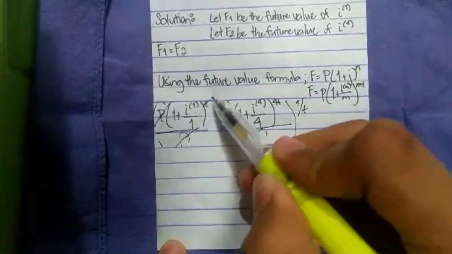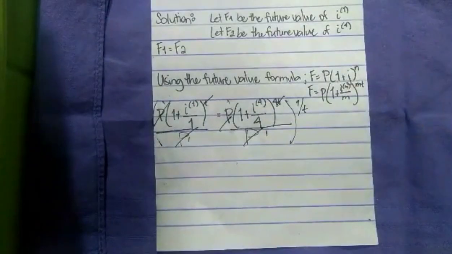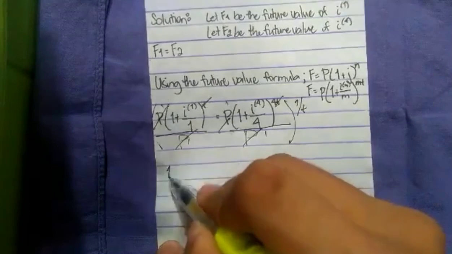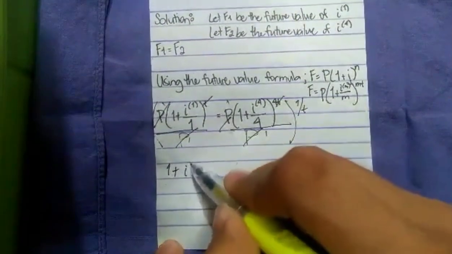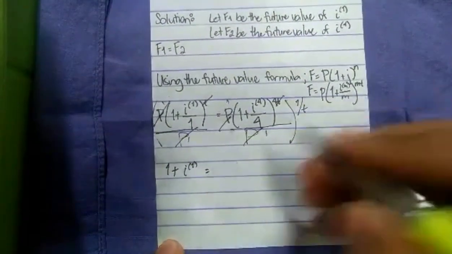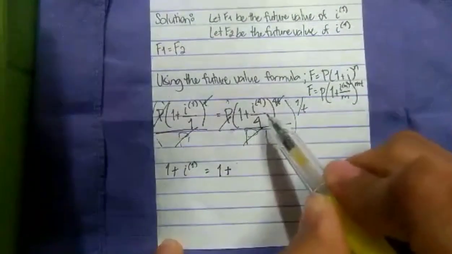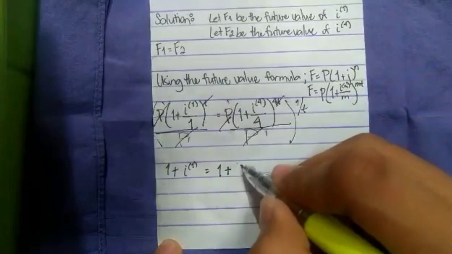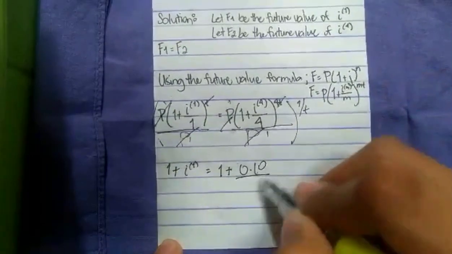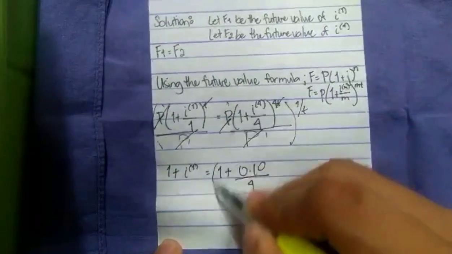We can then cross them out. Now, what's left is 1 plus the effective rate equals 1 plus the nominal rate, which, if you remember, is 0.10 over 4, and then raised to the power of 4.